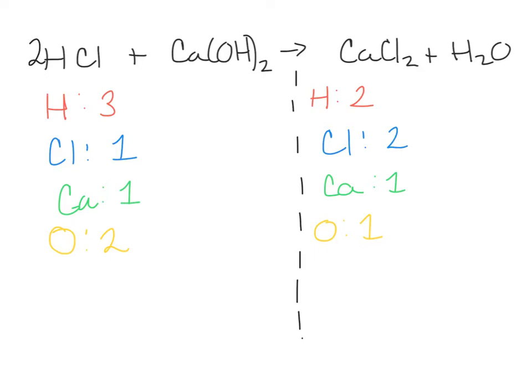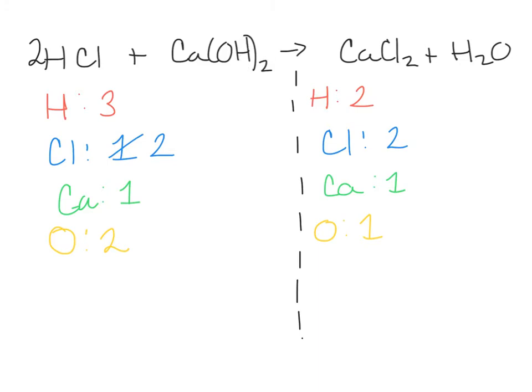Okay. Now what that 2 does is it multiplies everything in this compound. So now what do I have? Now I'm definitely changing my chlorine, so let's do that first. So instead of 1 over here, now I have 2, but it also changes my hydrogens. I have now 2 hydrogens sitting here, and I have 2 hydrogens sitting here.